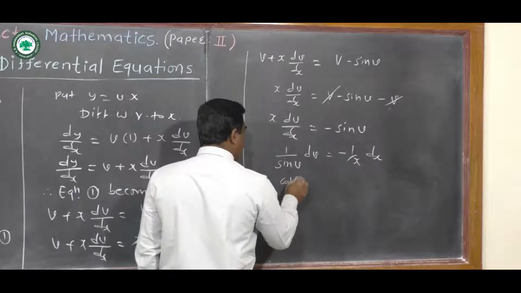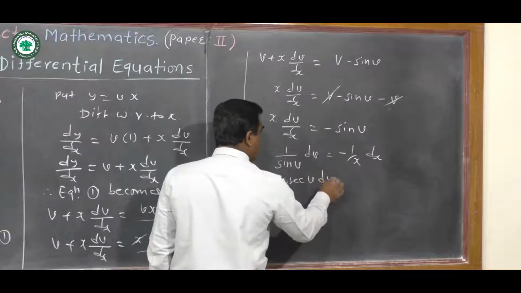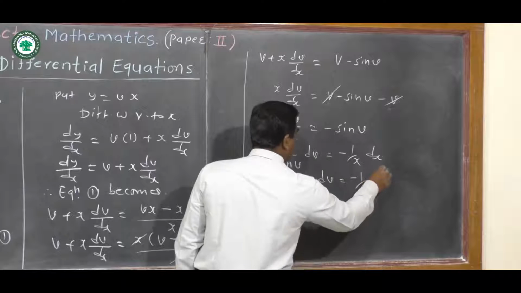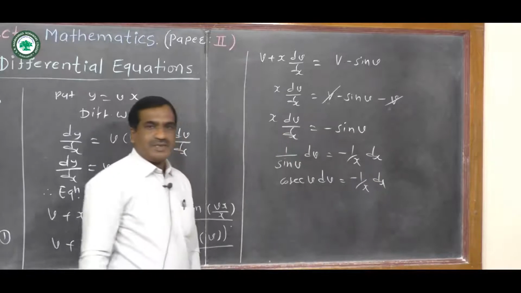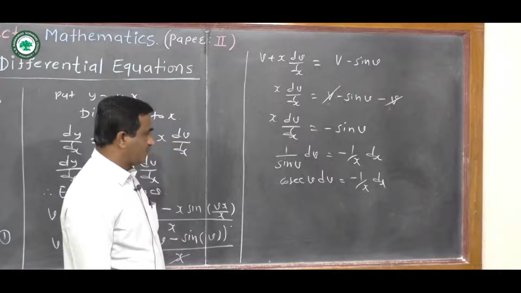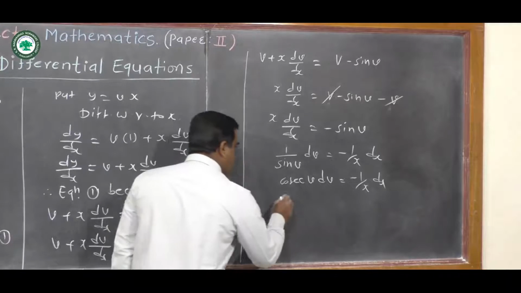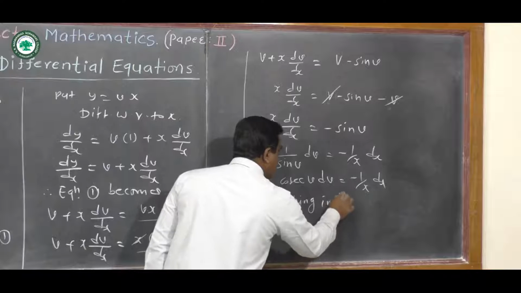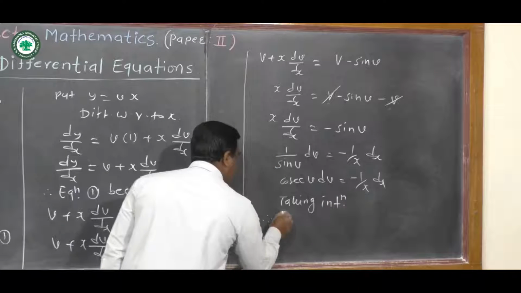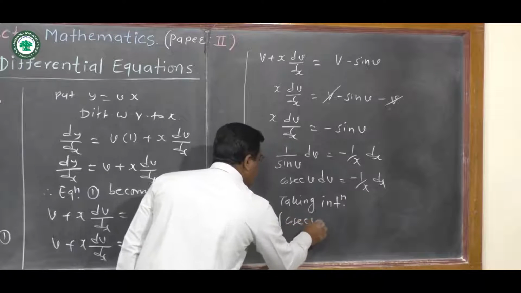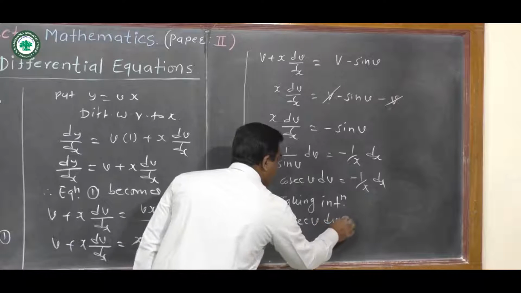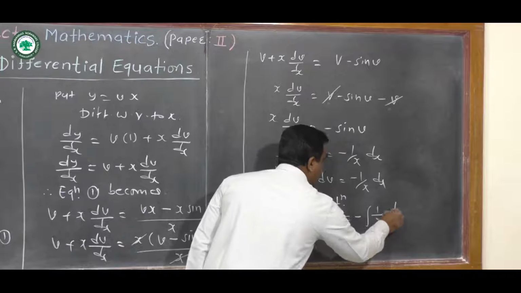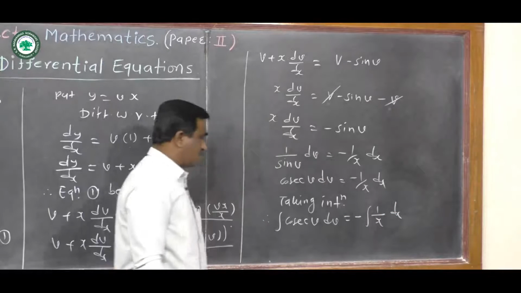Okay, cosec v dv equal to minus 1 upon x dx. Now this is in variables separable form. We can take integration here. Taking integration, we can write integral of cosec v dv is equal to minus integral of 1 upon x dx.